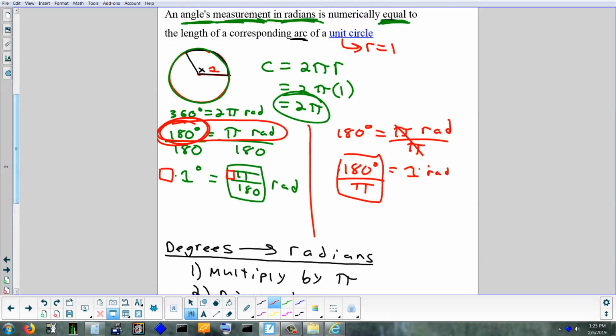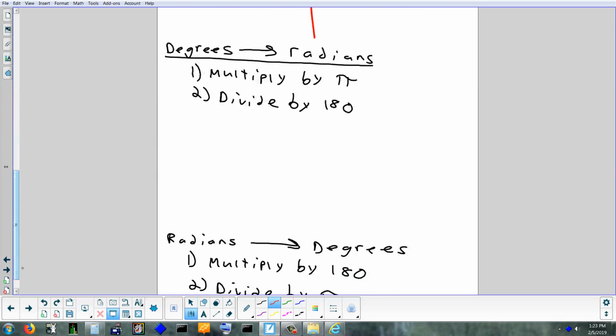When you see degrees, think 180. When you see radians, think pi. Just remember those two things. Kind of connect the number 180 with degrees, connect the number pi with radians. And if you remember that, all these steps automatically fall into place, and you don't even need to remember these steps.